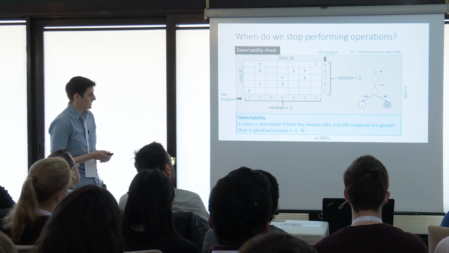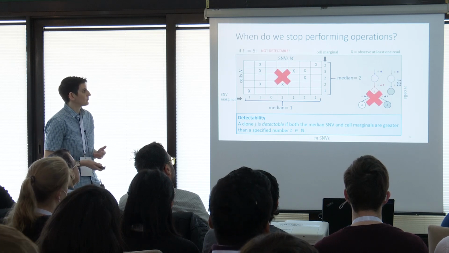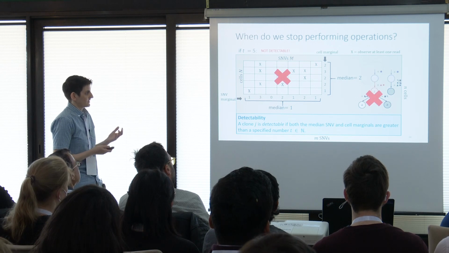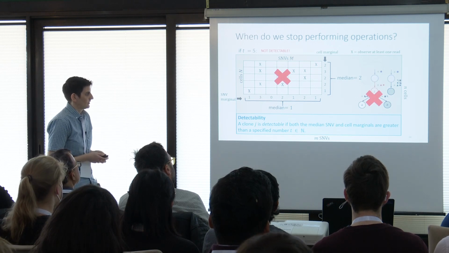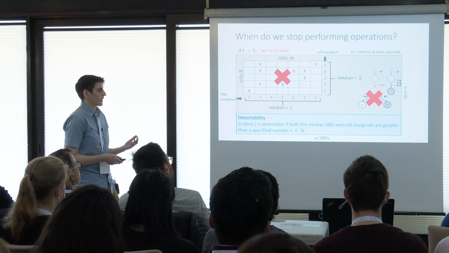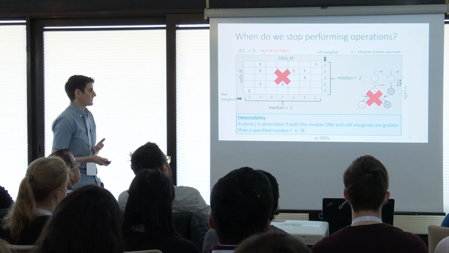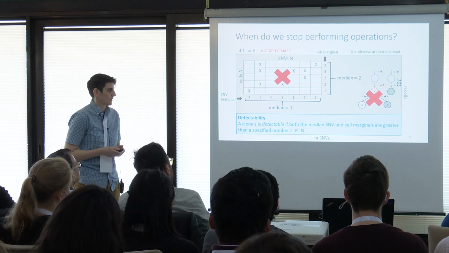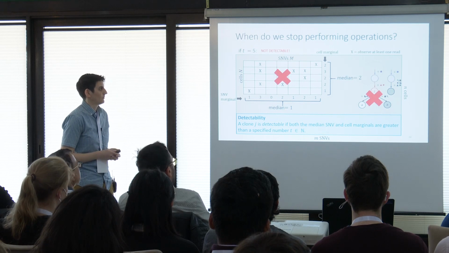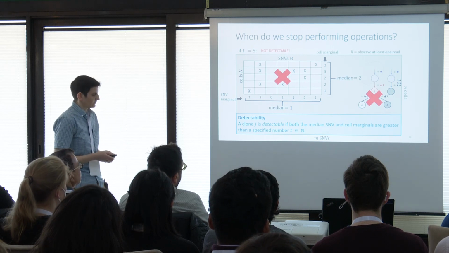So in our example here, if t were equal to 5, we would say that the inferred clone A is not detectable, and then we undo that operation. You could then try a linear operation and see if that's a better fit to the data, and additionally perform a detectability check on that.